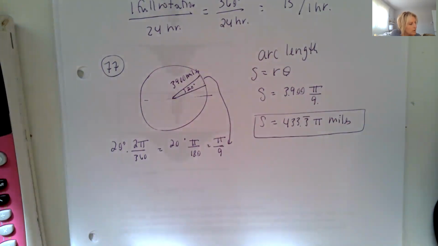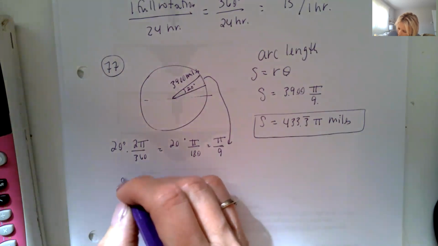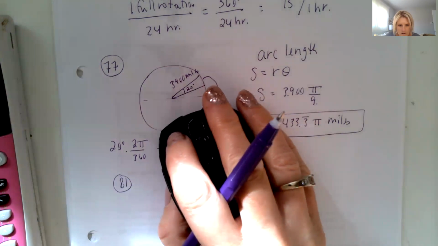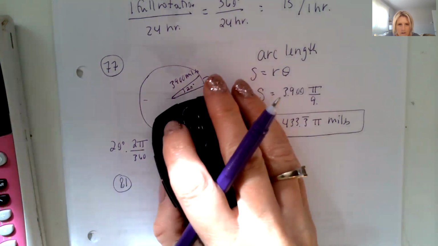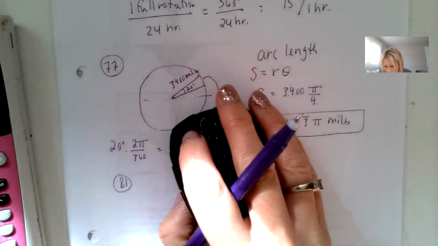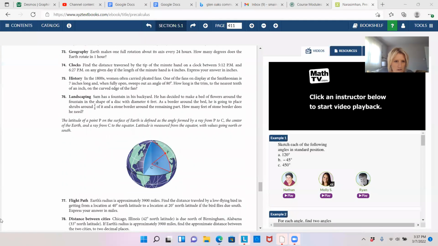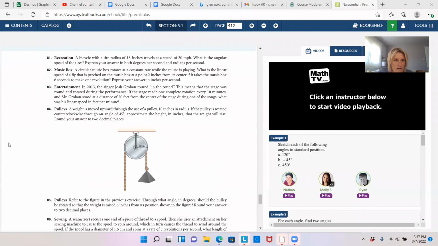And the last problem that I would like to work on is number 81 from the book. So let's go and check that one out. On the next page, 81 says here at the top, a bicycle with a tire radius of 18 inches travels at a speed of 20 miles per hour. What is the angular speed of the tires?